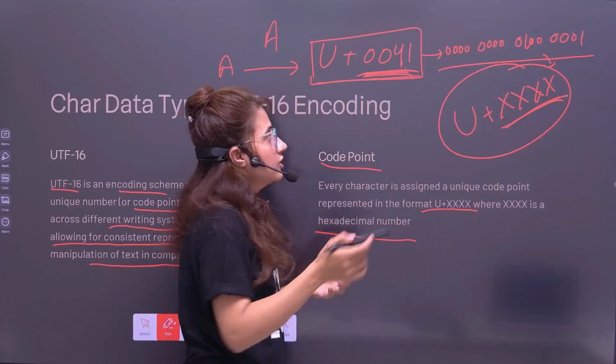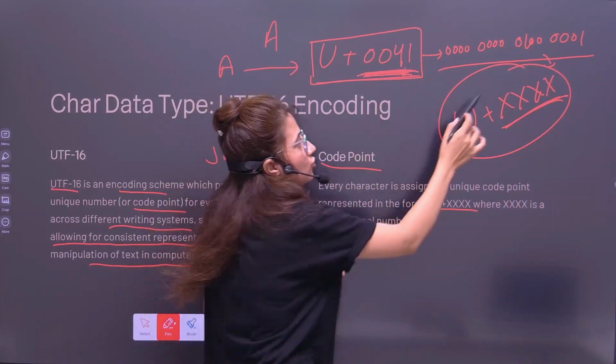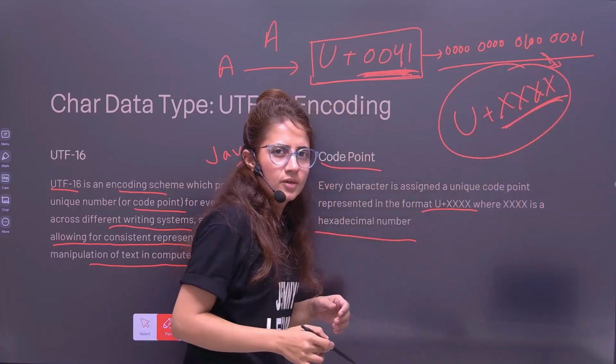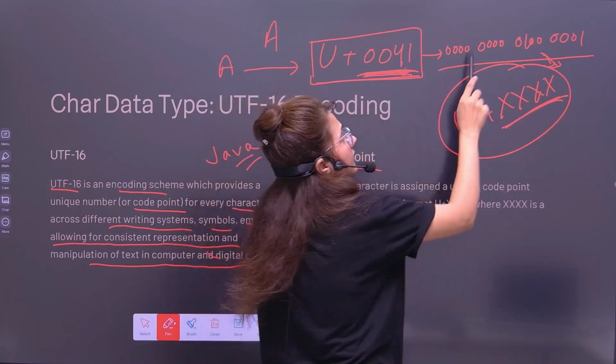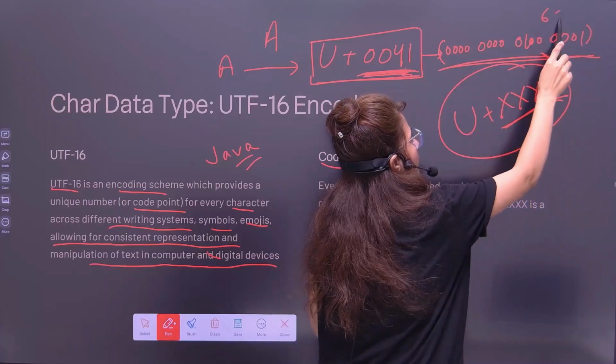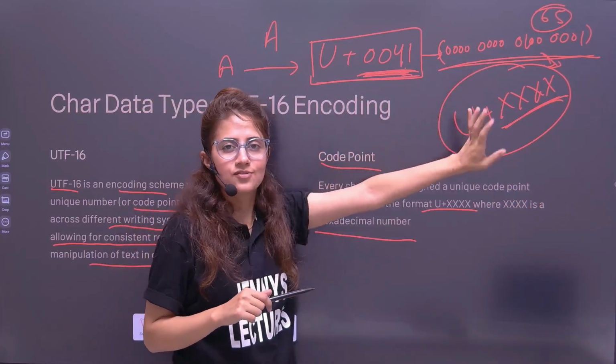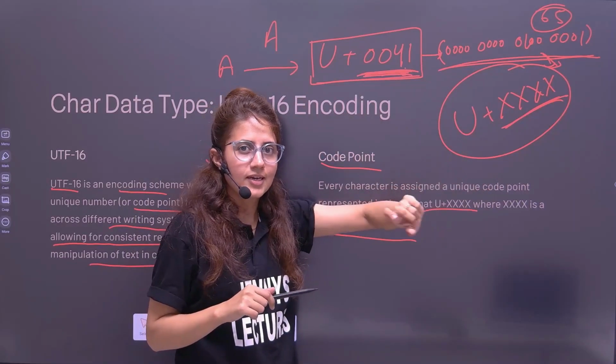So this is the equivalent binary, and this is how it is stored in computer memory. It's easy to convert this hexadecimal to binary, as you can see. This is stored in computer memory in binary form, obviously. And the decimal equivalent for this binary is, we know, 65. So when you print this, you get 65, right?